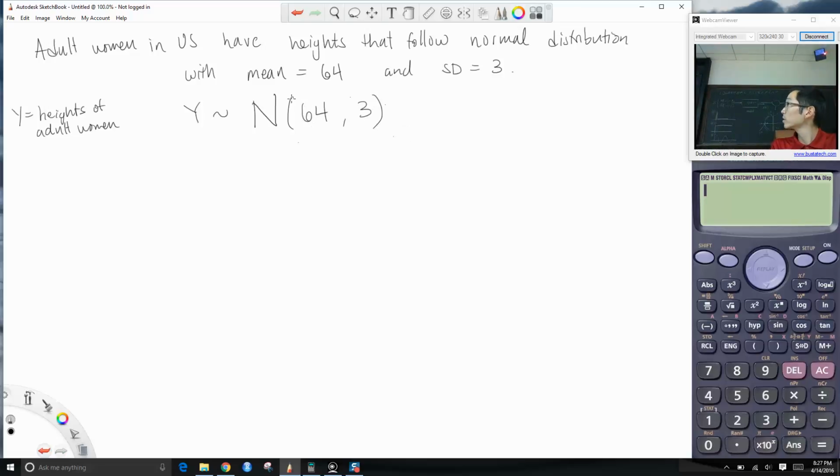So this is a shorthand way of saying follows a normal distribution with a mean of 64 and standard deviation of 3. Okay, so just shorthand.